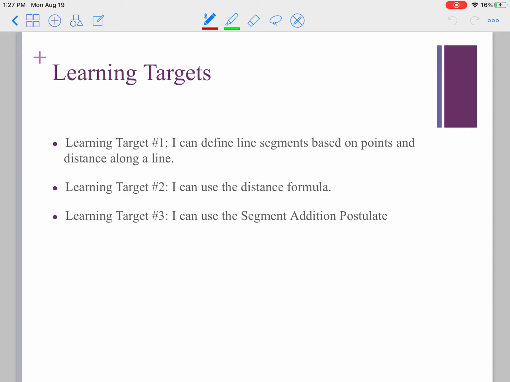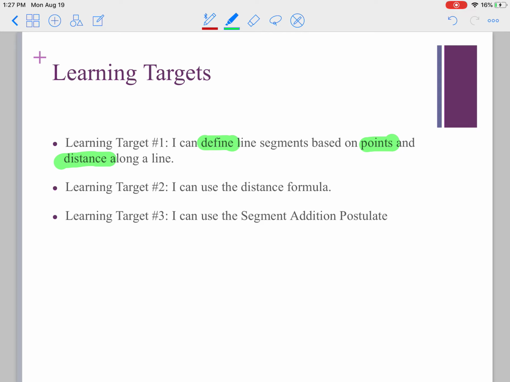Our learning targets for the day. Learning target number 1, if we look at what we are attempting to do, we are attempting to define line segments based on points and distance along a line. So now we are going to look at line segments not only based on the points that compose them, but also the distance.